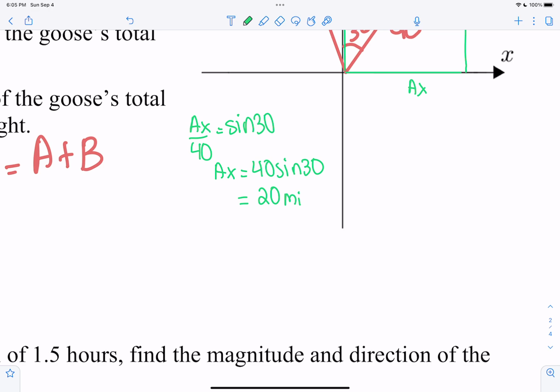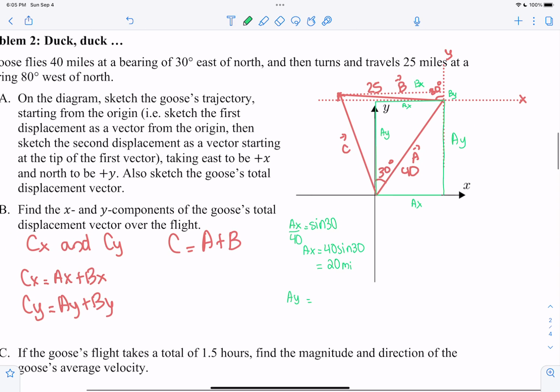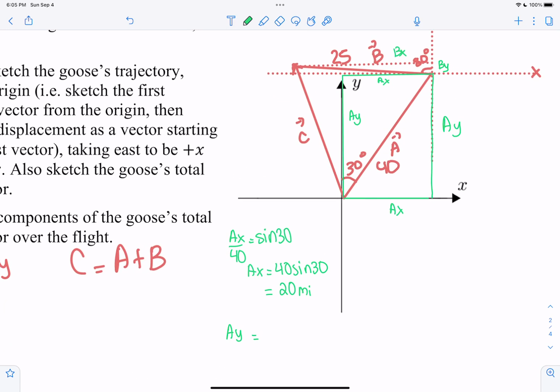Okay, cool. And then we have ay is equal to what? Yep, 40 cosine 30. Awesome.